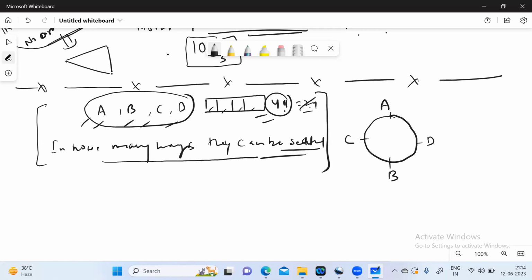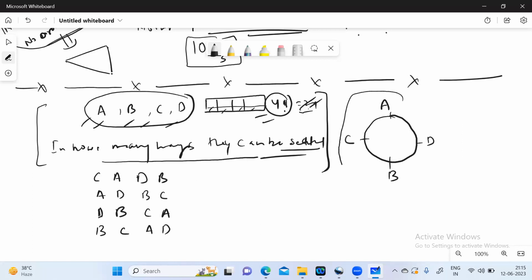Out of all those 4 factorial or 24 linear arrangements, I took one and arranged it on a circle. This arrangement is C, A, D, B, but it is the same as A, D, B, C, and the same as D, B, C, A, and the same as B, C, A, D. So what do we see?